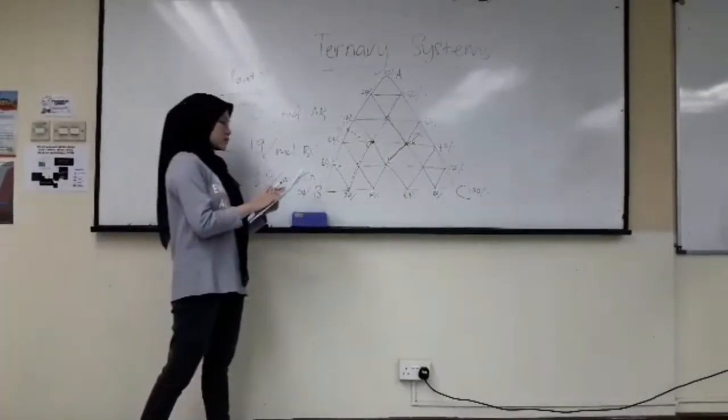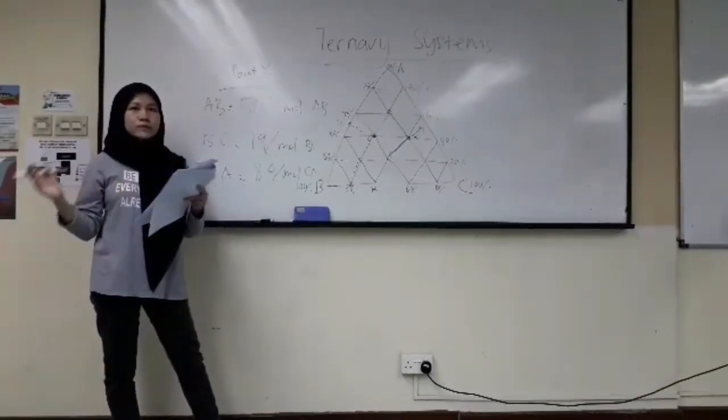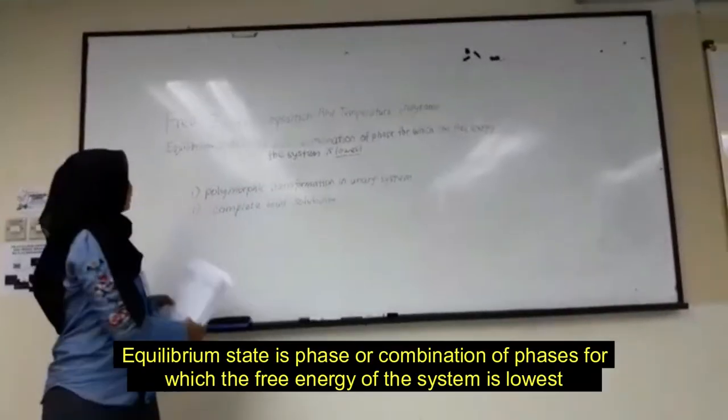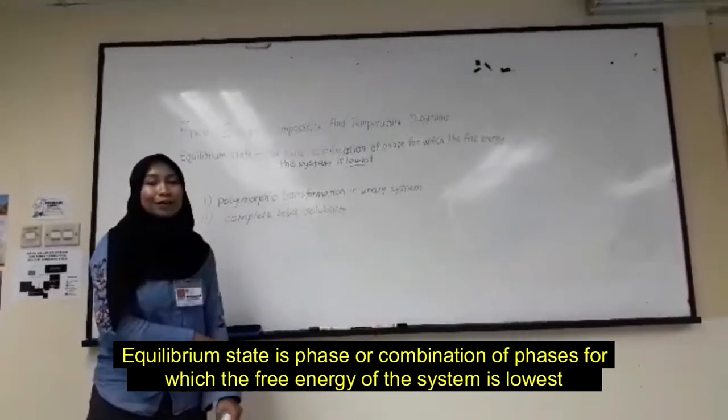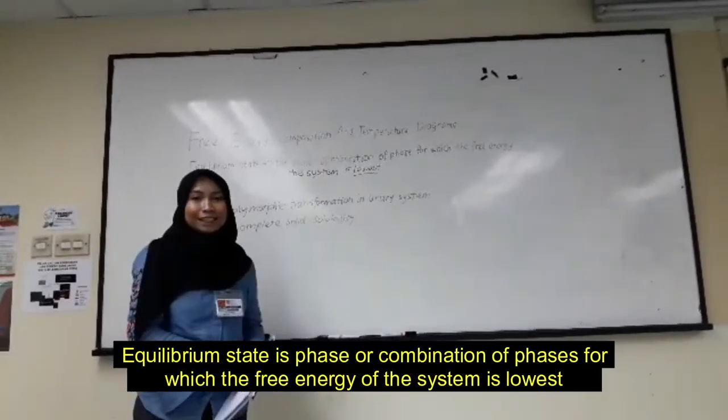So we know an isothermal process has a change in pressure over time. Equilibrium state is the phase or combination of phases for which the free energy is at the lowest.